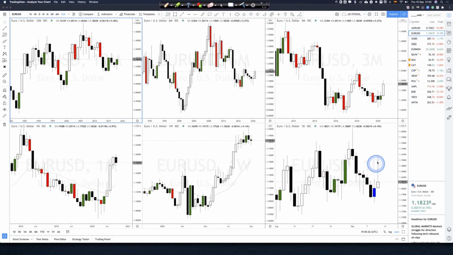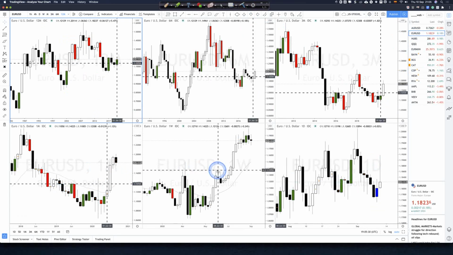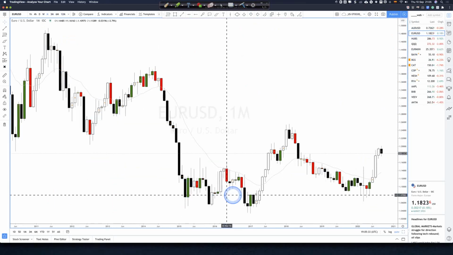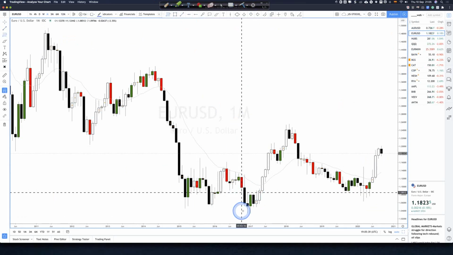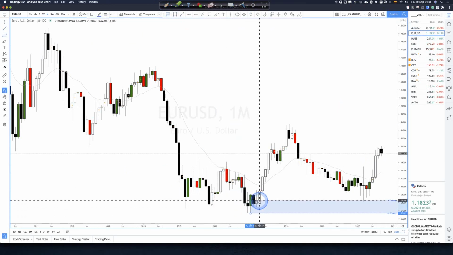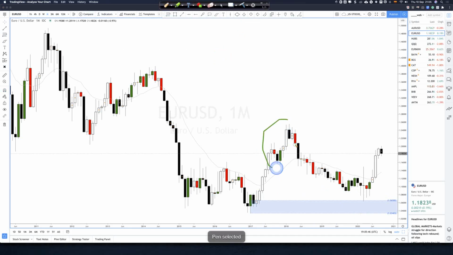That candle there is scary, which is great for shorts. So here on the monthly at the bottom, we've got a trend line break and a brand new area of demand. We've been talking about this imbalance for quite some time. When price was there, we were saying longs will be possible again when price retraces to that area, and then price rallied.